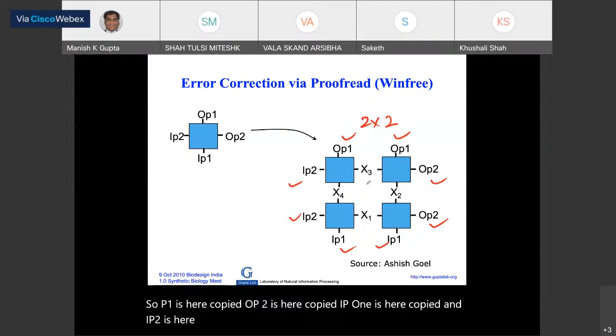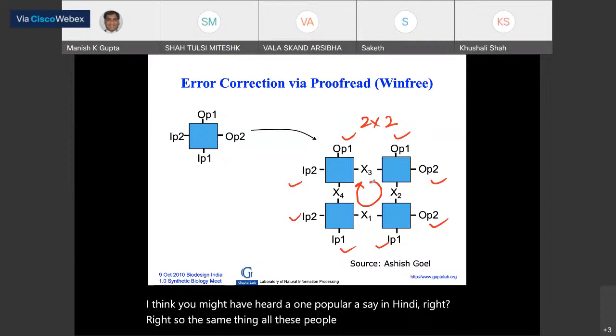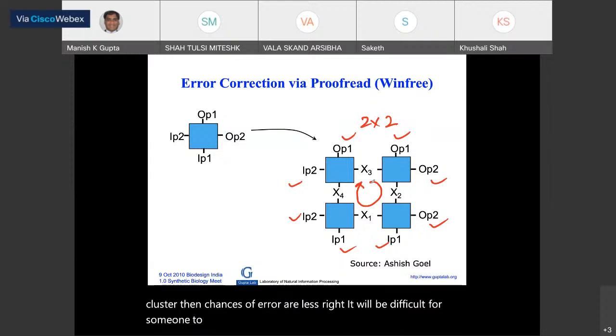And these 4 tiles are internally connected. I think you might have heard one popular saying in Hindi, right? Ekta mein shakti hai. So the same thing. If all these are together in a cluster, then chances of error are less, right? It will be difficult for someone to throw in one tile because of mismatch. Okay, so this is something that was used by Winfree.